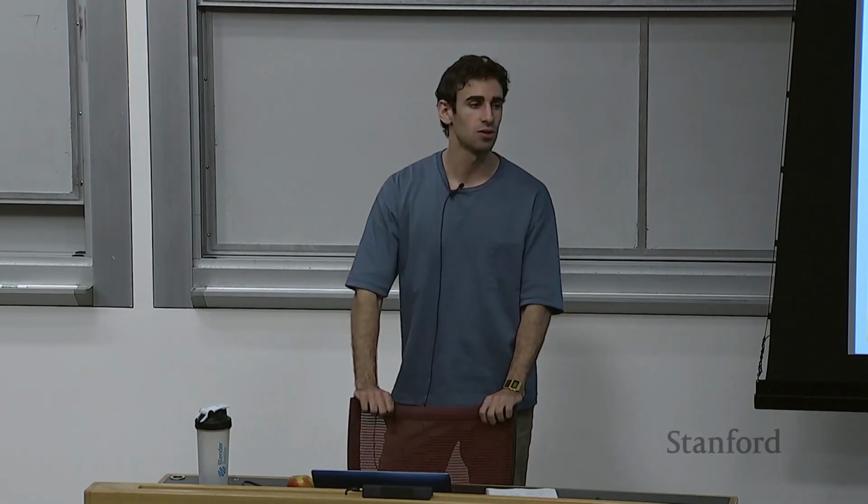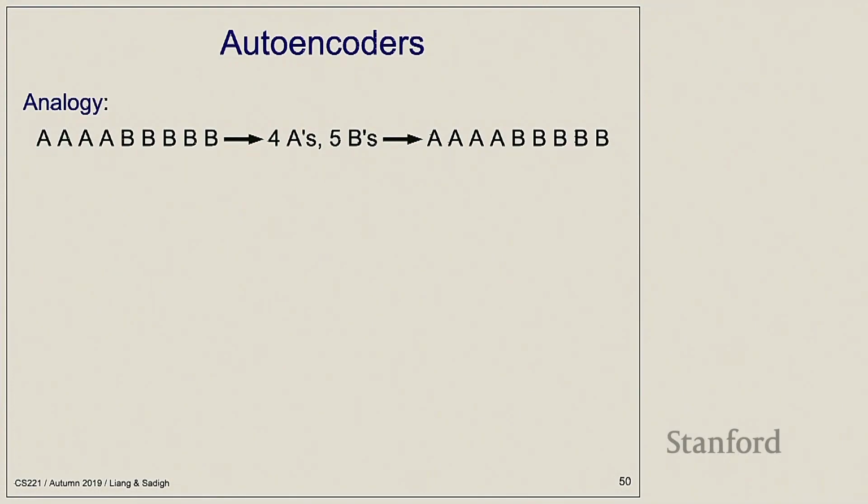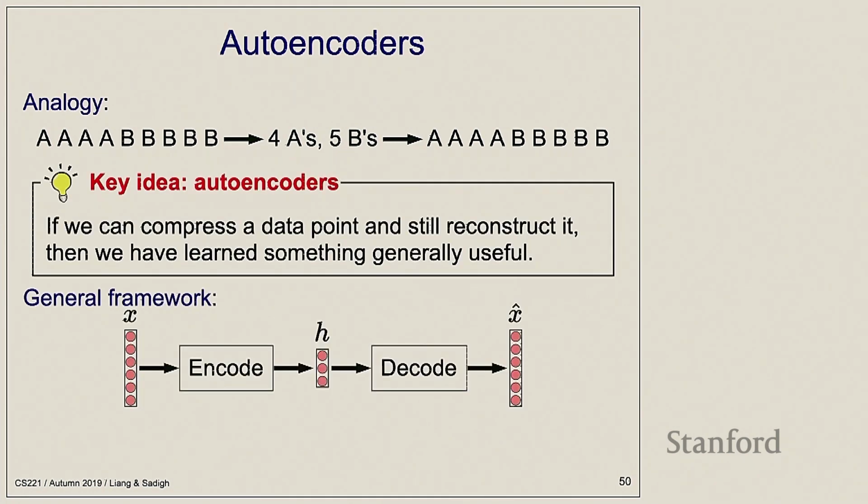So the first thing that we're going to get into is autoencoders. The idea behind autoencoders is that if you have some information and you try to learn a compressed representation of that information that allows you to reconstruct it, then presumably you've done something useful.